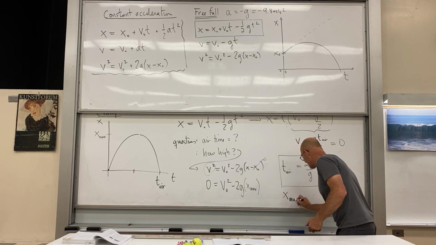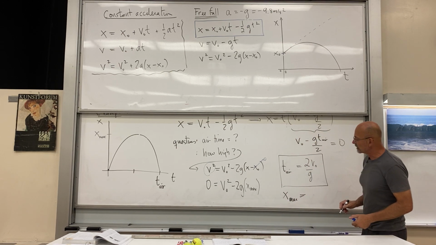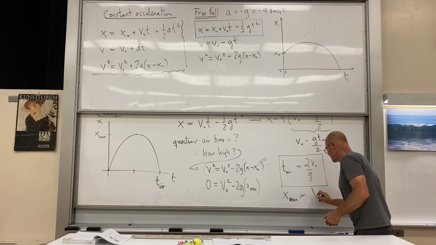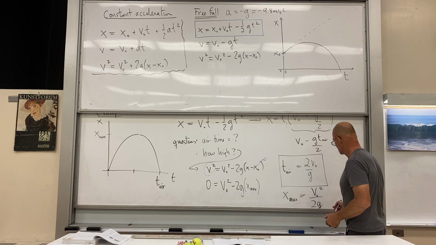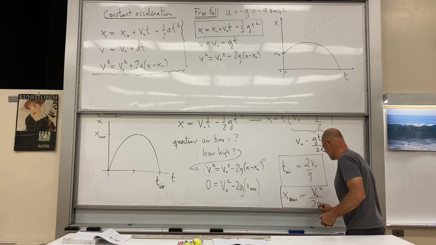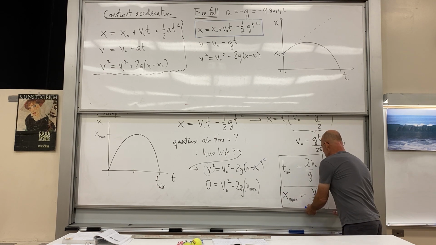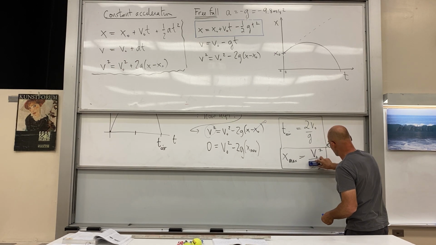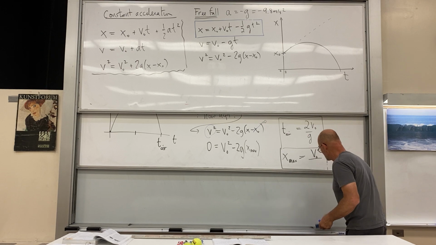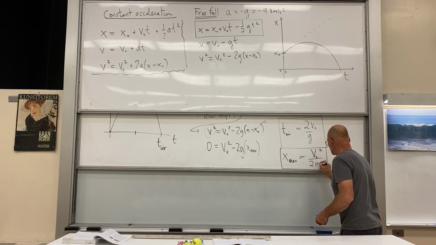So the maximum height is equal to V0 squared divided by 2G. Hope that shows up on the tape. V0 squared divided by 2G.